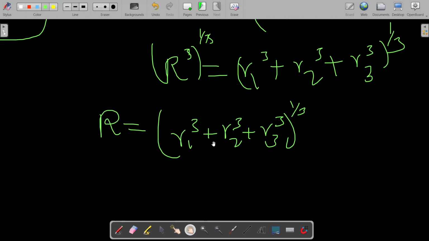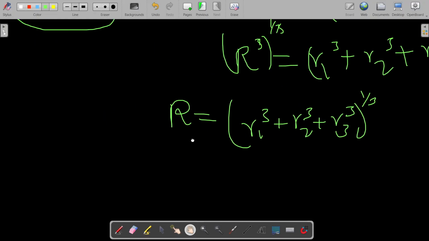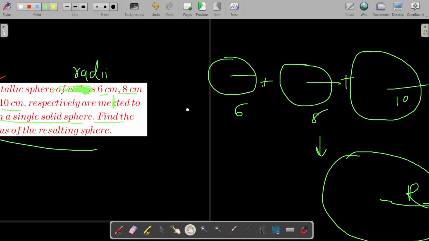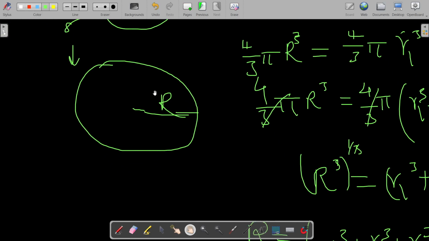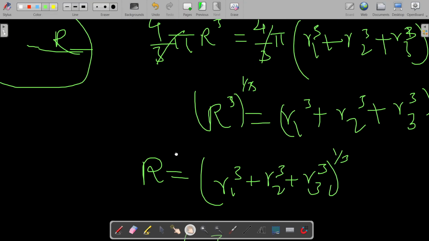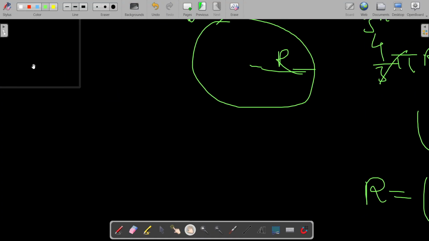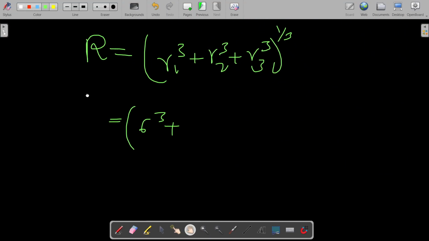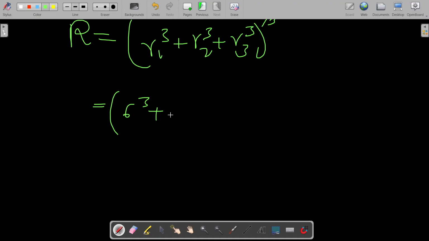So now we have solved the equation for capital R. Let's plug in the values of the small radii. r1 is 6 cube plus r2 is 8 cube plus r3 is 10 cube, whole power 1 by 3.